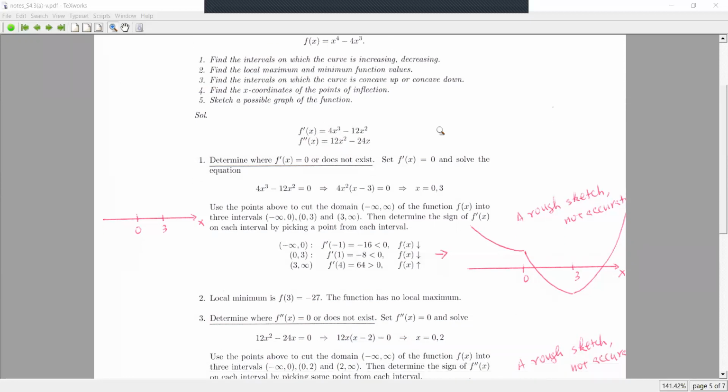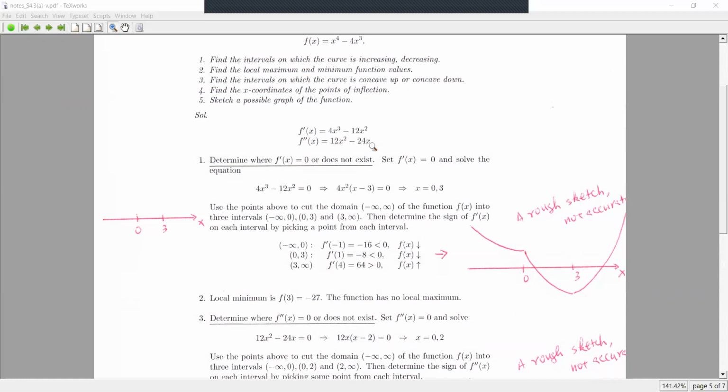To find intervals where the second derivative is greater than 0 or less than 0, I suggest finding points where the second derivative is 0 or doesn't exist, because I want to use those points to cut the domain of the function into subintervals. The second derivative is a polynomial.